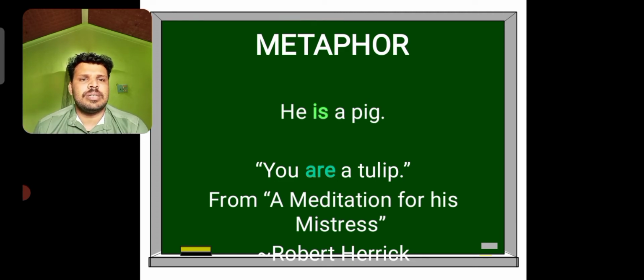So there are examples. He is like a pig, it's simile. Now here, he is a pig, it is metaphor. So there are more examples. You are a tulip, from A Meditation for His Mistress. This is a phrase from the poem of Robert Herrick.